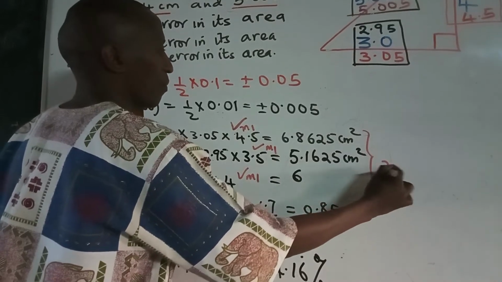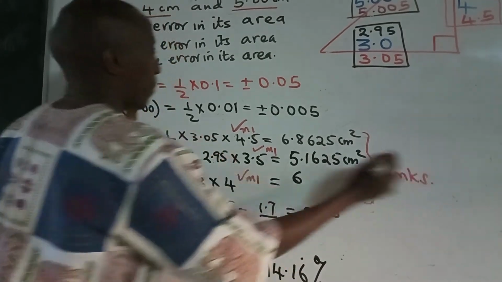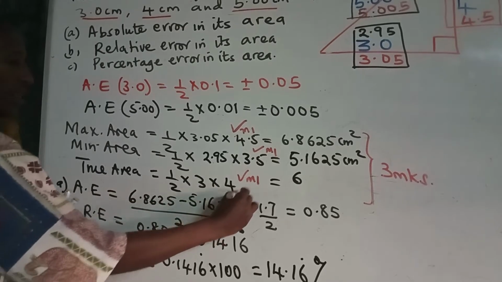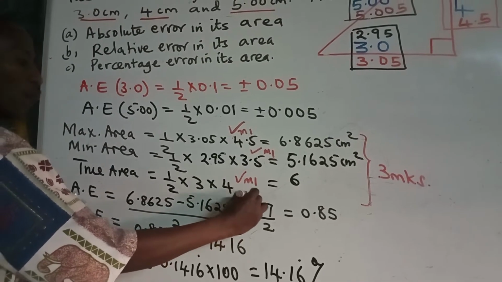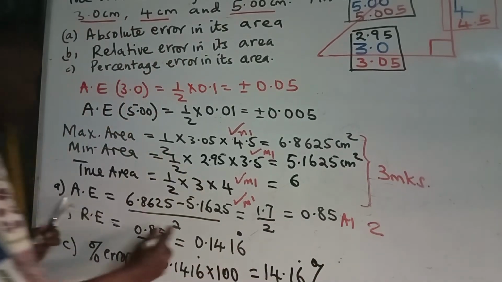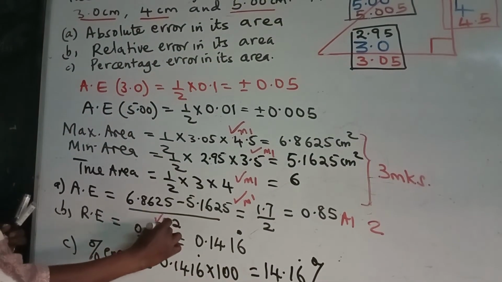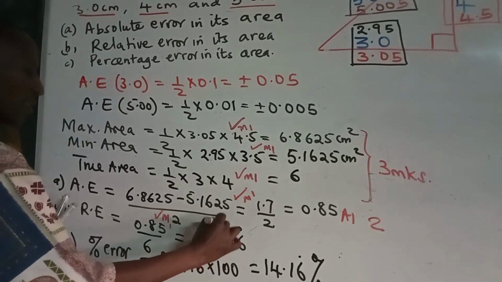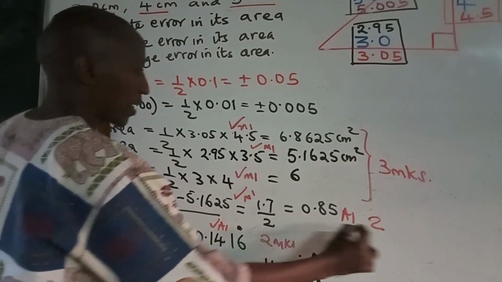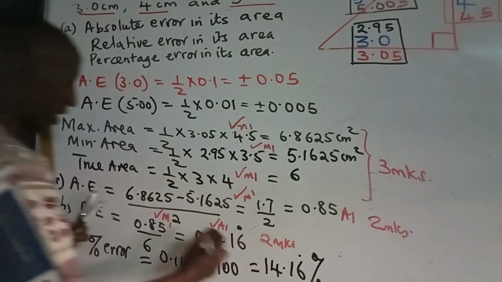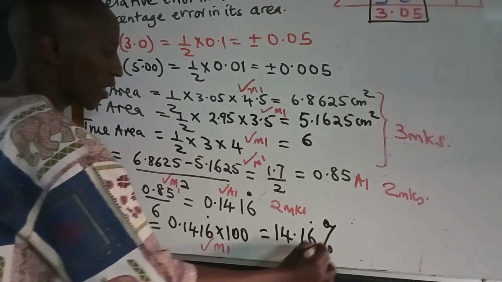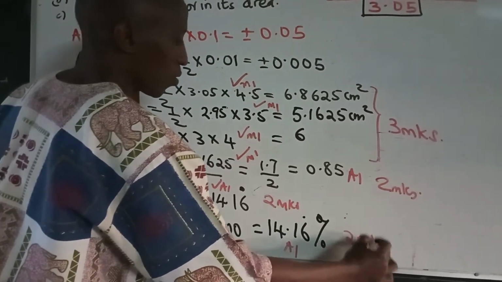In part B, whereby you have this computed correctly, M1, and this accurate answer, A1, you get 2 marks. When you compute this correctly, M1, and the accurate answer, A1, you get another 2 marks. And finally, computing the last one, M1, and A1, you get around 2 marks.